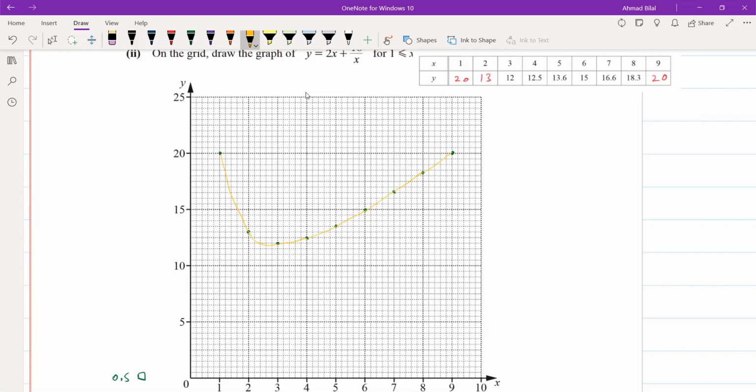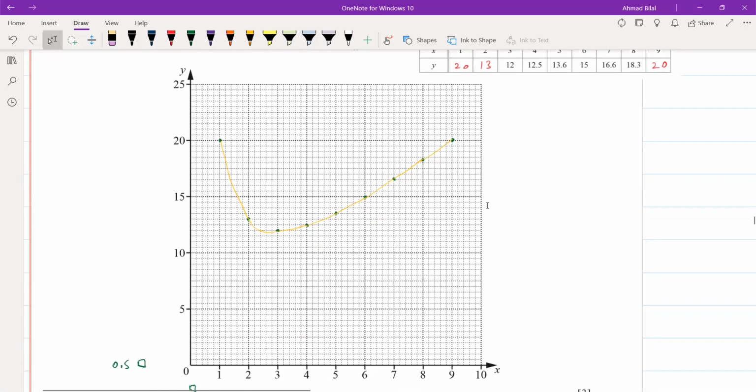So this is what the curve looks like. You just have to plot the points and draw this graph, and we're done with that. So we've plotted this graph here like this. A bit more accuracy there. So it's going to look something like this. Okay, so that's our graph.